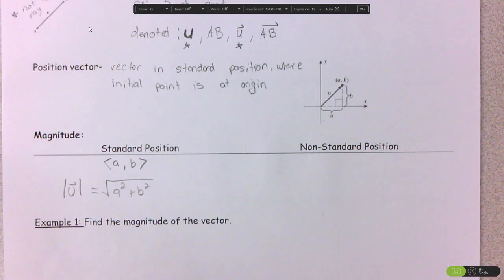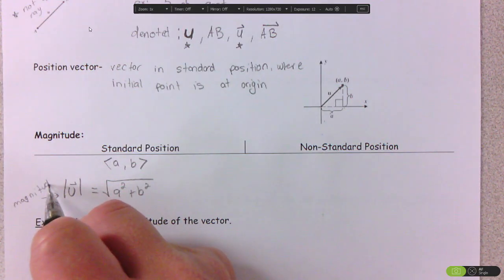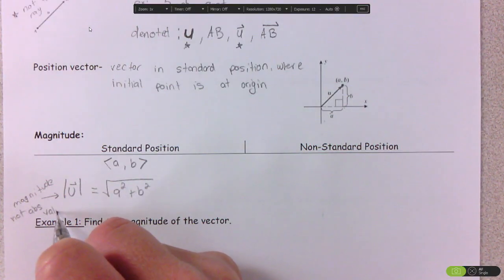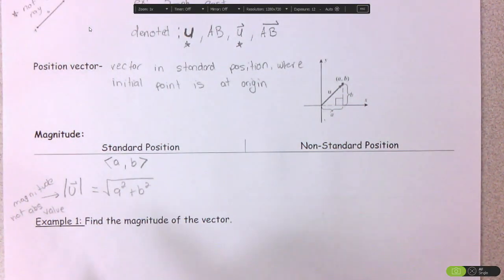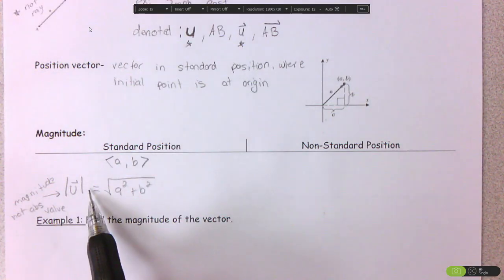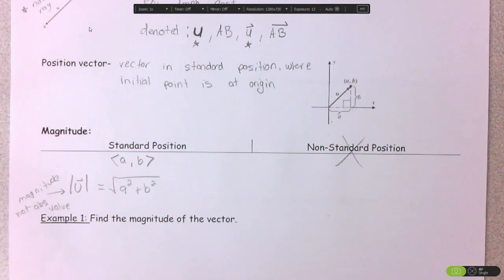Okay, and this right here is the magnitude, not absolute value. Okay, a lot of people get that confused. If a vector is inside of two lines, it's the magnitude. It is not the absolute value, and this is the formula for that. We're not going to worry about that formula.